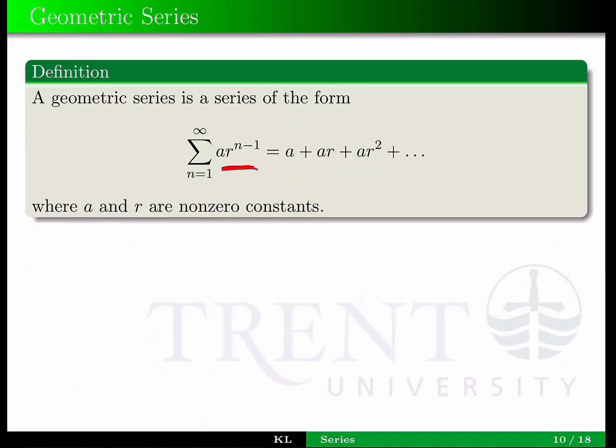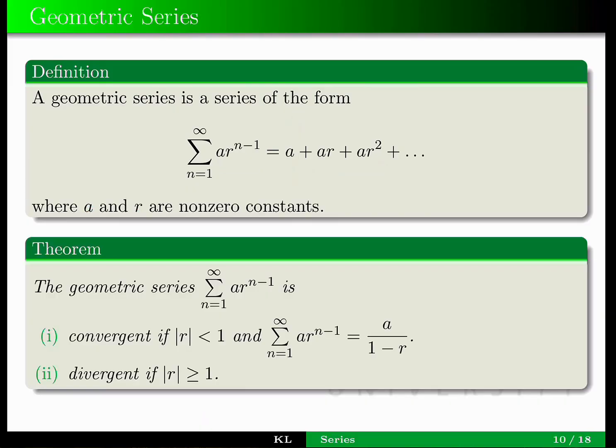So this series, I want you to know it by heart because it's a very important series. It's one of the best series that you will be using a lot of times. So we will summarize immediately the convergence or divergence of this series. The geometric series, which is given by this, is convergent if the absolute value of r is less than 1.